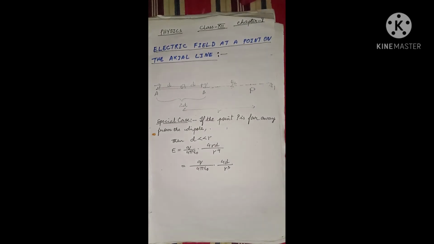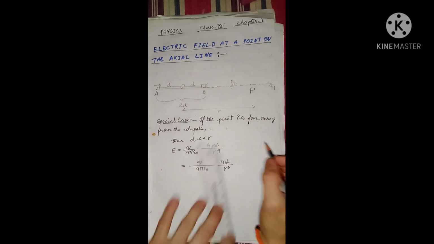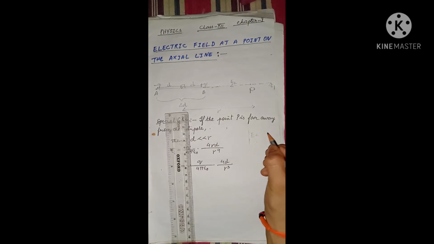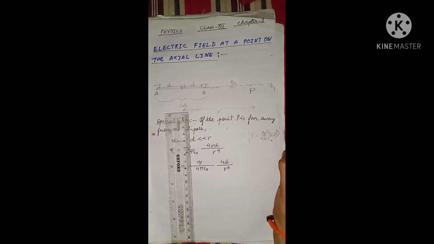We know that the expression for electric field is, note down in rough, as we know that electric field is equal to Q by 4 pi epsilon naught into 4RD, this one you need to note down, into R square minus D square.